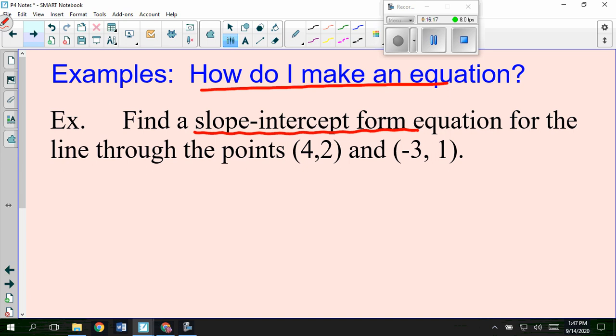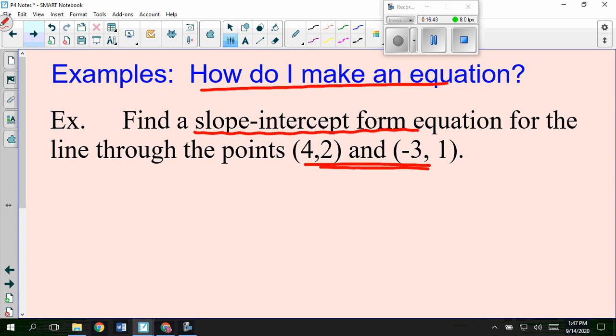Sometimes I'm given direct information to plug in. Sometimes I have something missing that I've got to find. So for the slope-intercept form in this problem, I'm given a couple of points. In order for me to directly plug into slope-intercept, I would have to know the slope and the y-intercept. I don't have either of those pieces here, so although my request is slope-intercept, I'm going to probably use a different form.